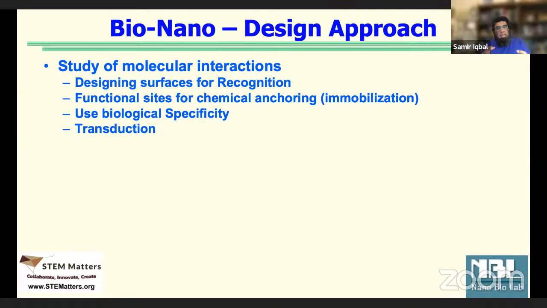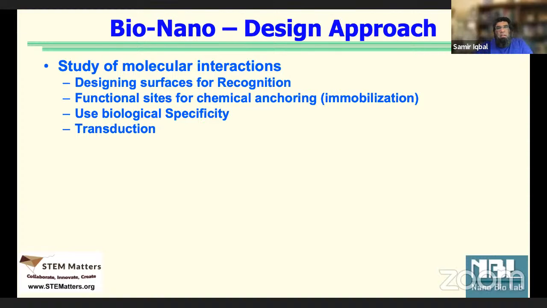So in this design, a lot of things go in when we are designing a surface or when we are designing any nanomaterial or using a nanomaterial in that device, right? So pH, the background ionic concentration, the van der Waals forces, electric double layer. So these are the things that you'll have to consider when we are designing a bio-nano interaction.